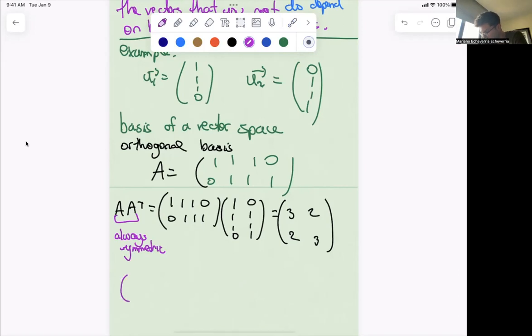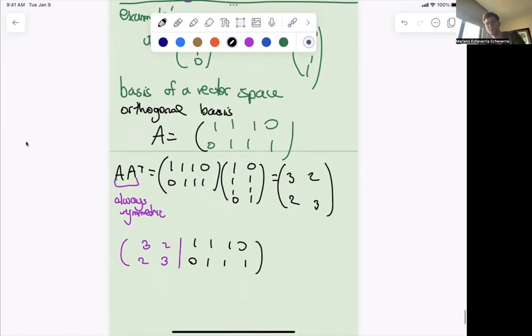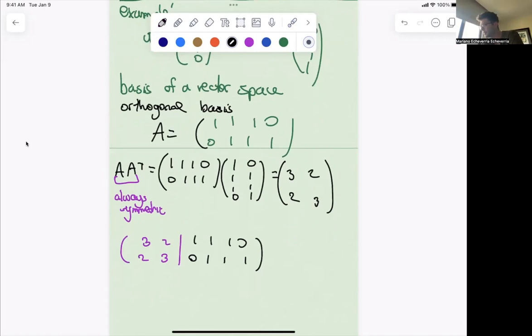Anyway, in the Gram-Schmidt method, I put the basis like this. The idea is that you want this to be upper triangular. It's almost ready, right? The only thing I have to do is take care of these two entries.